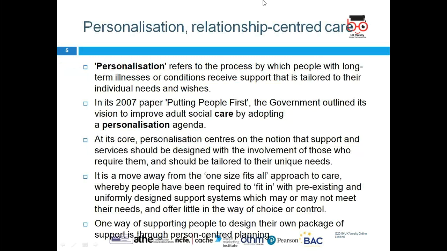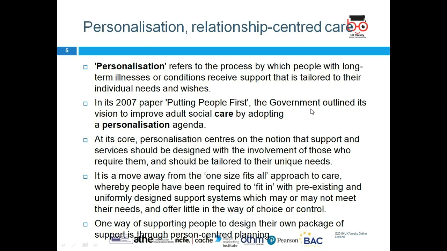Right, and then we go into personalization, which is also relationship-centered care. So I'm going to read a little bit through this because it's important that I get it right. Personalization refers to the process by which people with long-term illnesses or conditions can receive support that is tailored towards them.